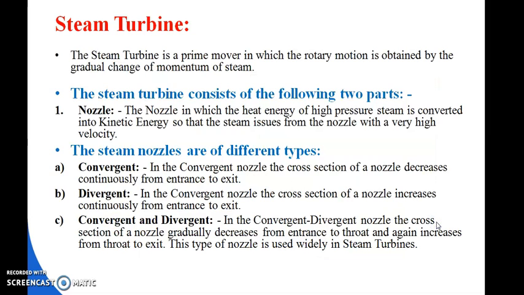Let us discuss the steam turbine. The steam turbine is a prime mover in which the rotary motion is obtained by the gradual change of momentum of steam. In the steam turbine, mainly we have two important parts: one is the nozzle and the second one is the turbine blade.